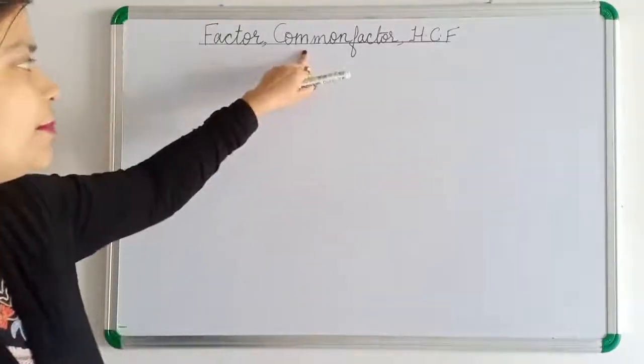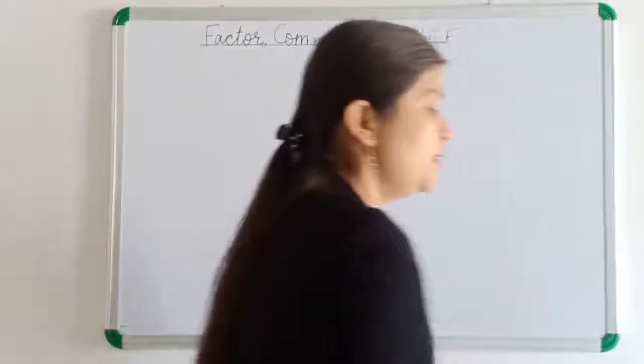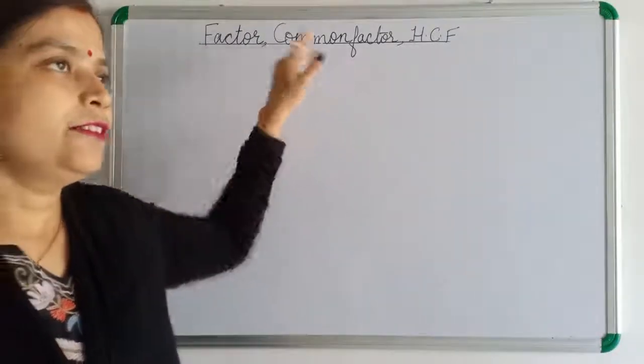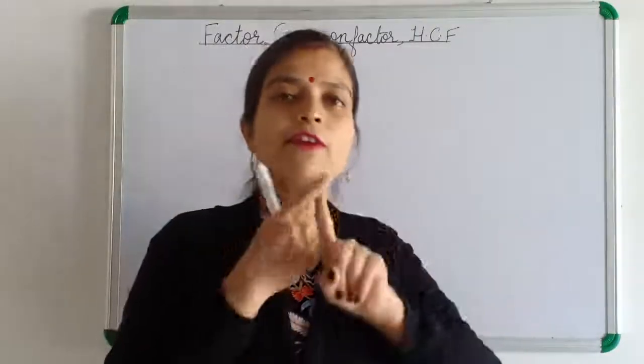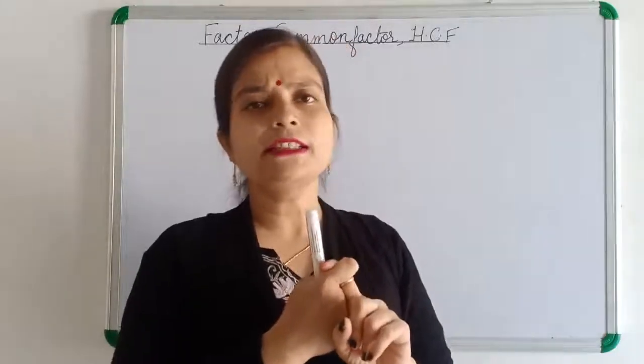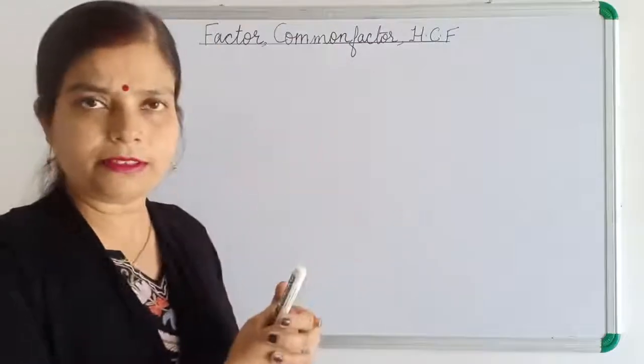Now what is a common factor? If we divide two numbers by one common number and it leaves 0 remainder, we can say it is a common factor, meaning that the factor is shared by both numbers.